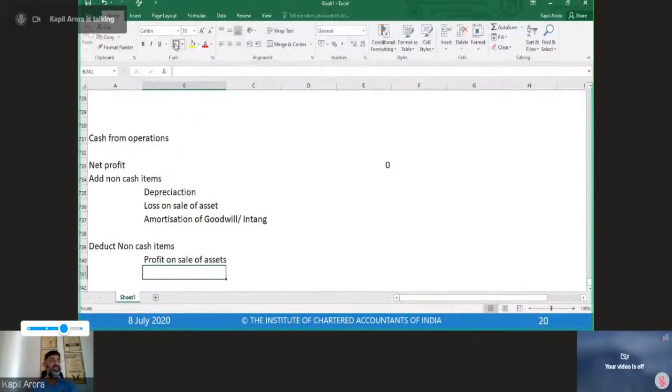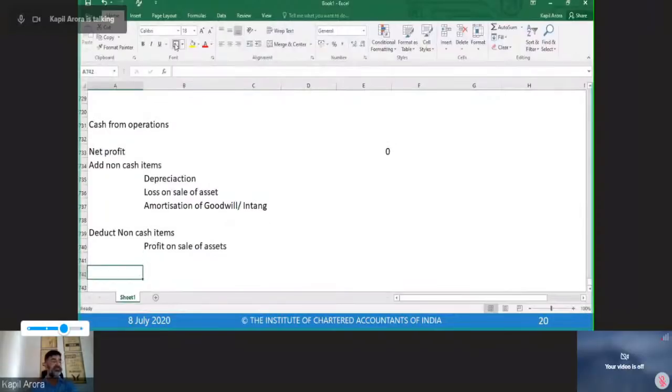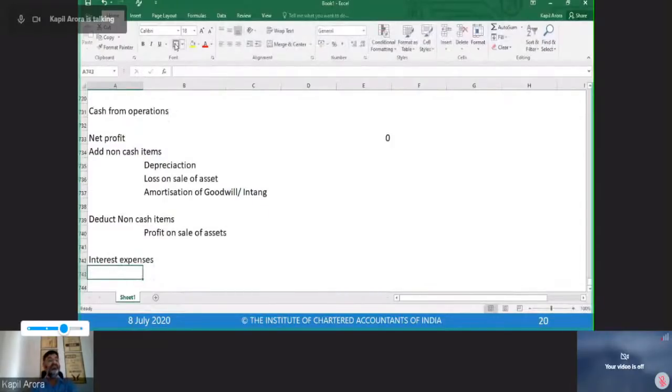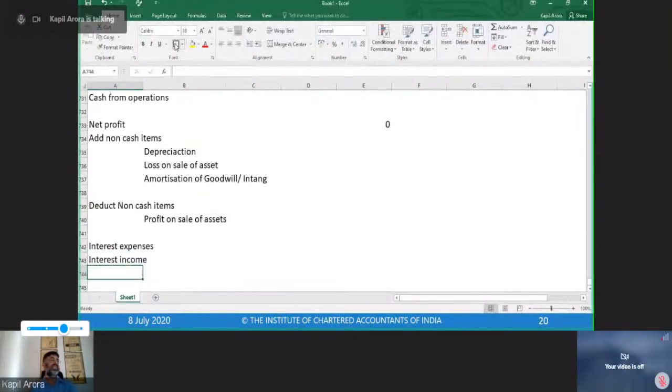So these will be added back. Items which should fall under a different classification, like interest expenses and interest income, will be reversed.